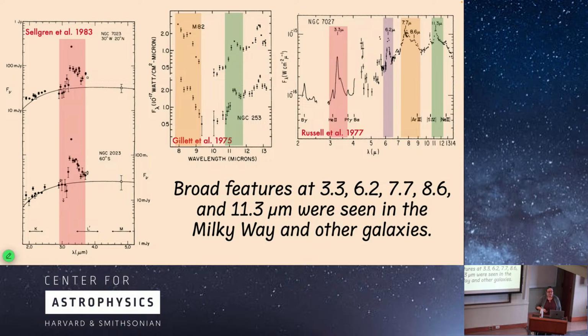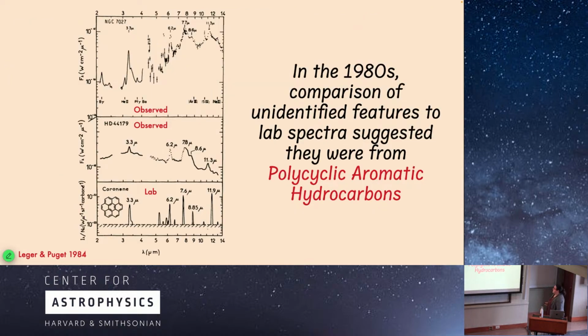Shortly after that, in the 80s, lab work started to compare the wavelengths of these unidentified features to the spectra of polycyclic aromatic hydrocarbons. You can see one of the key papers on this, Leger and Puget, in 1984, comparing this to coronene, and you see many of the same features.